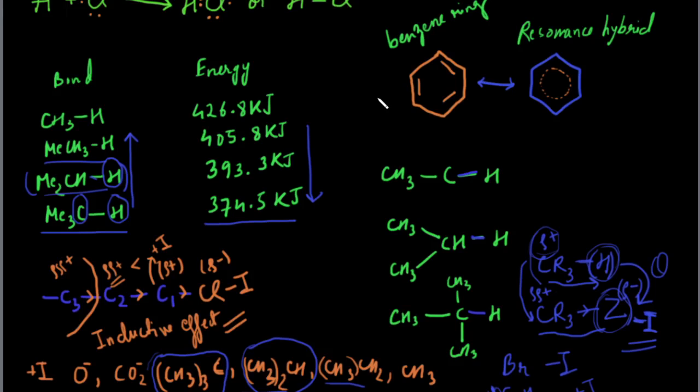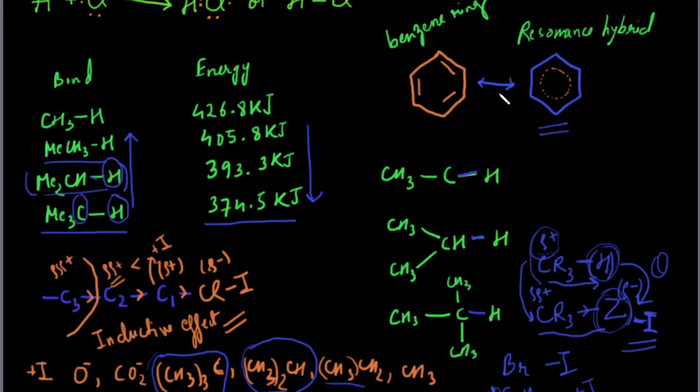Ingold, 1933, called this phenomenon mesomerism, that is, an intermediate structure between the parts. This is the resonance hybrid or the mesomerism hybrid.